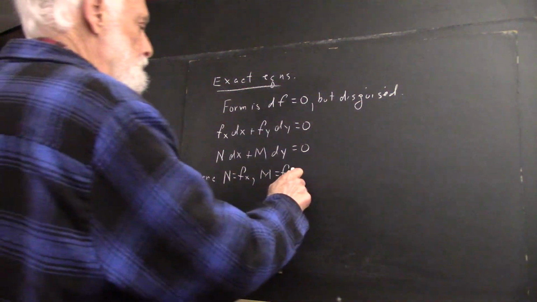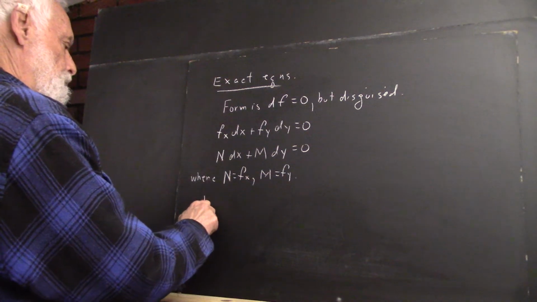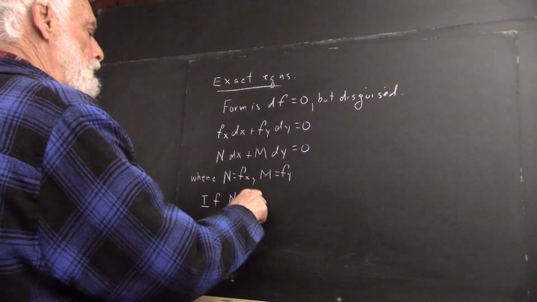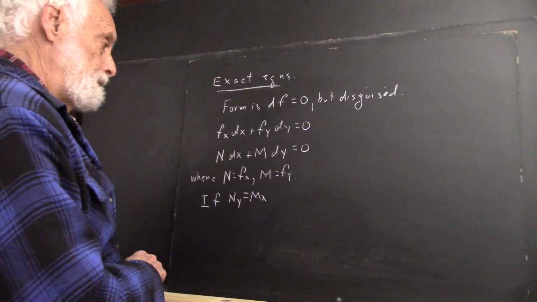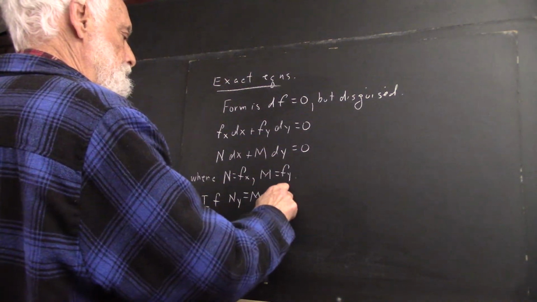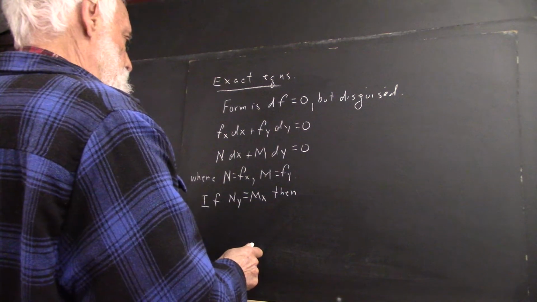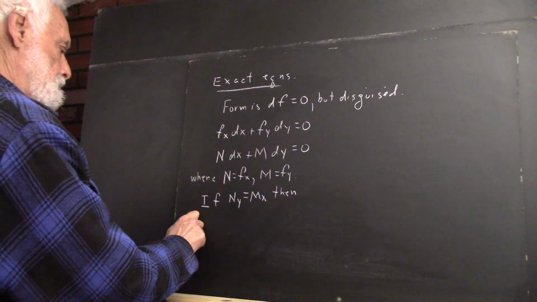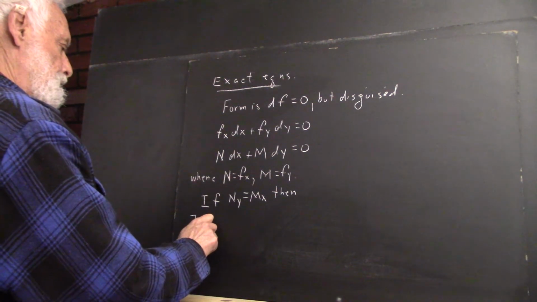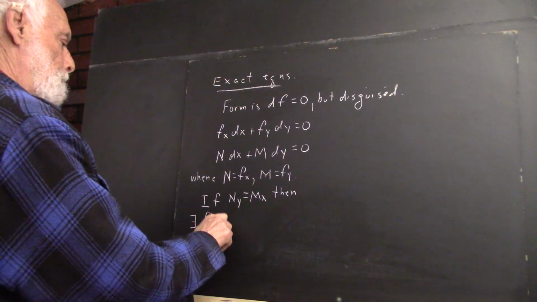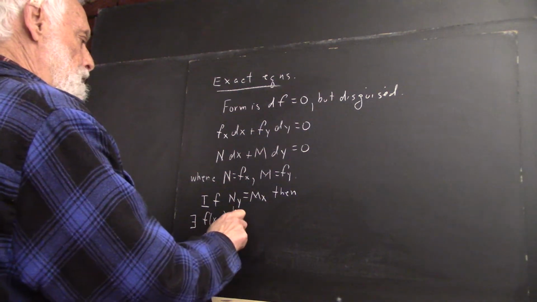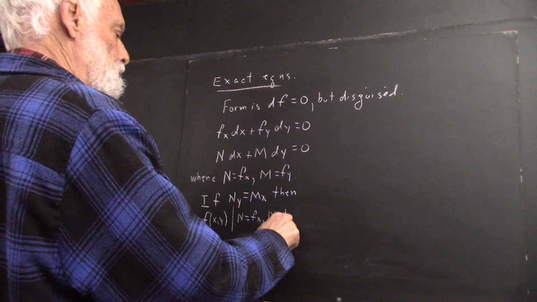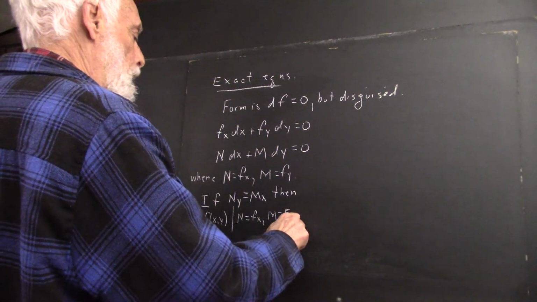Okay? If ny equals mx, then there exists an f of xy such that n equals fx, m equals f lowercase y.